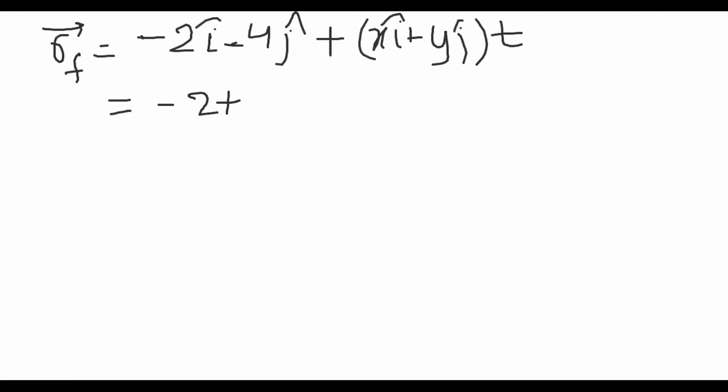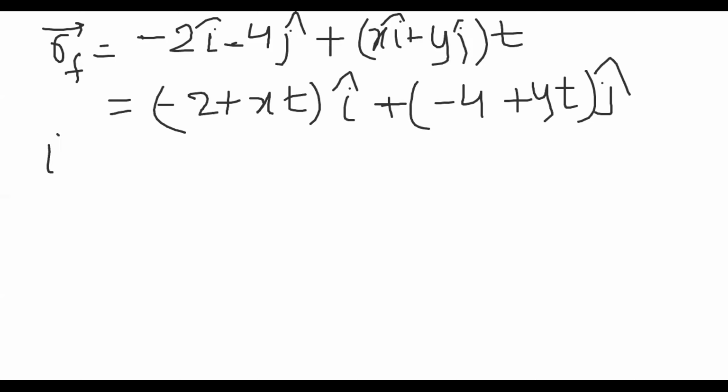So it's minus 2 plus xt i cap plus minus 4 plus yt j cap. Right? Now, if the collision occurs, then the final position vector of the ship must be equal to final position vector of the motorboat. Yeah?